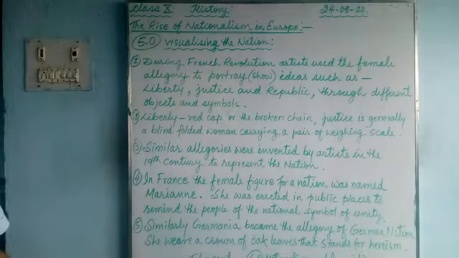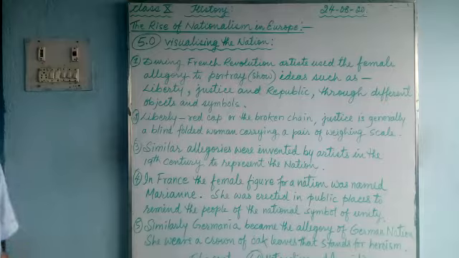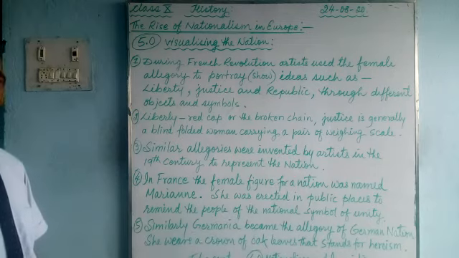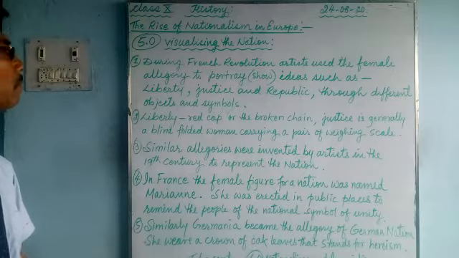They drew pictures to make people understand that our nation is under threat, so we must free our nation. People could not understand what a nation is, so they represented the nation through the portrait of a female figure.